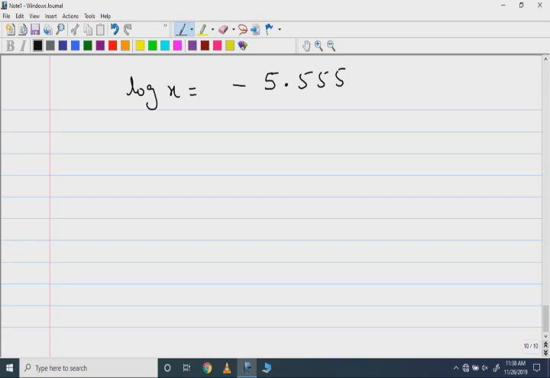What about 10 to the power? So x is equal to anti-log of minus 5.555.